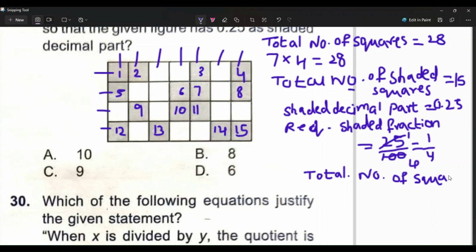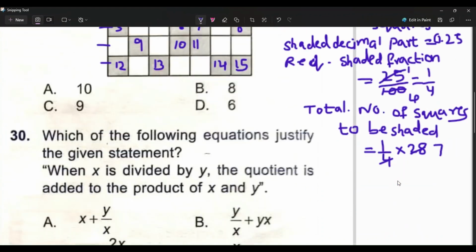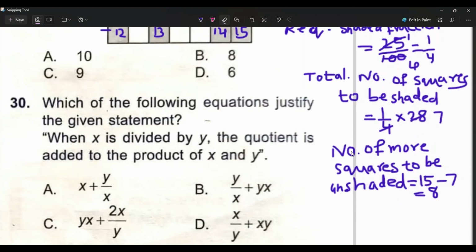Total number of squares to be shaded is equal to 1 by 4 into 28. 4 ones are 4, 4 sevens are 28, so 7. So we know the total number of shaded squares as 15. So number of more squares to be unshaded is equal to 15 minus 7 equal to 8, children. So option B is the right answer, children.